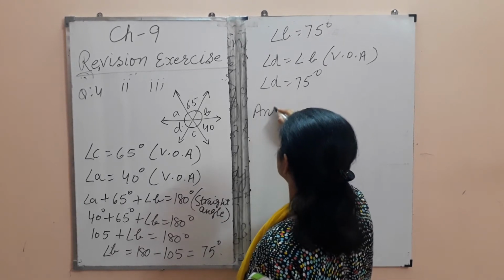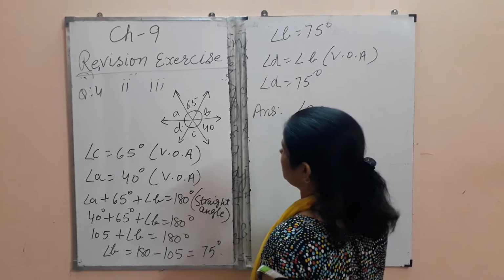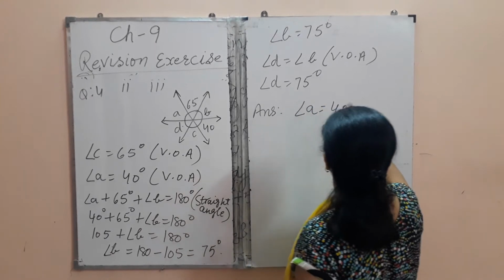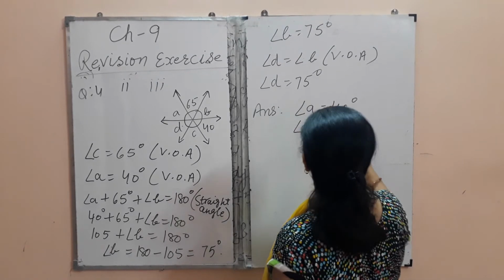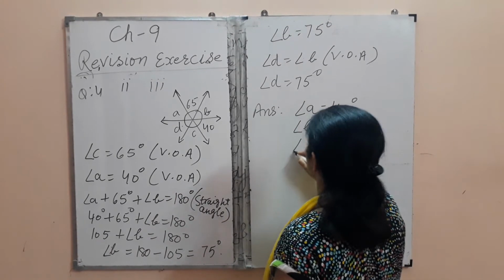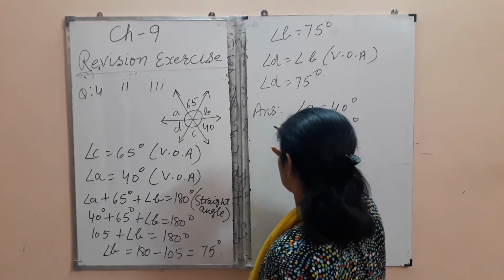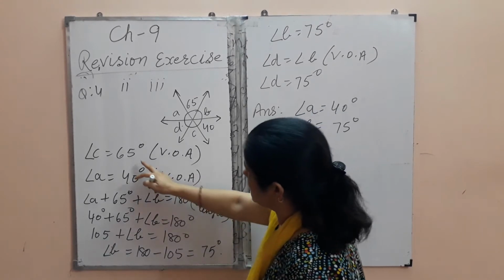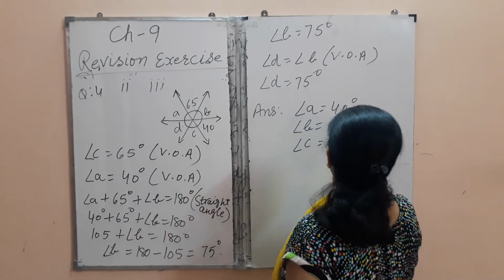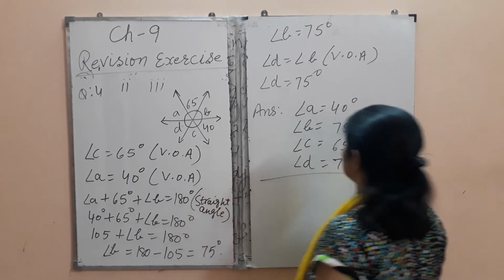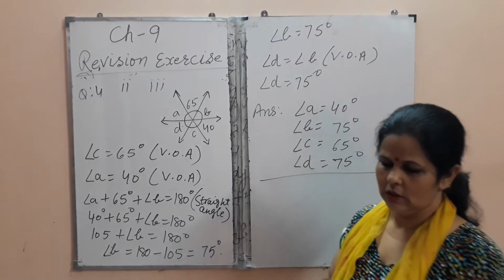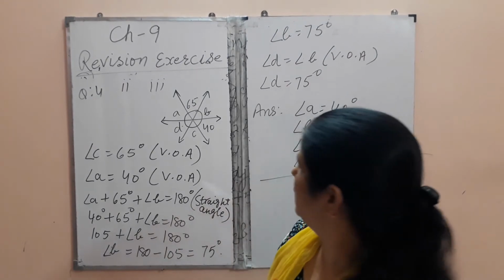So answer is angle A equals to 40 degree, angle B equals to 75 degree, angle C equals to 65 degree, and angle D equals to 75 degree. So this is the answer. Understood? Now question number 3.